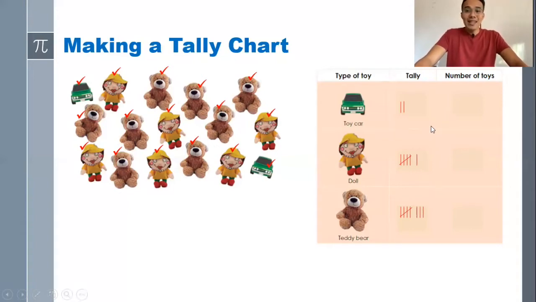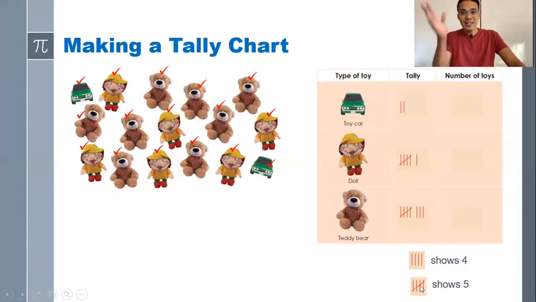Now, look at the tally marks. If there are 4 tally marks, it shows 4. It means there are 4 toys, there are 4 objects. If you see something like this, we have 4 tally marks, and the 5th tally mark is slanted. This shows 5.